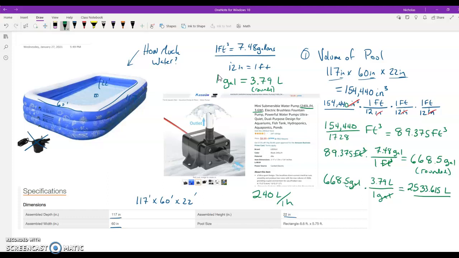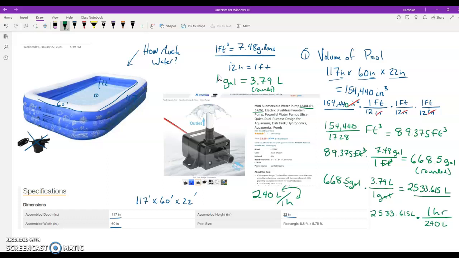So I think we're almost done, but we have 2,533.615 liters. And I know my pump pumps at 240 liters per 1 hour. Now, one thing I want to do here, though, is I actually want to flip that fraction, right? I want to put the liters on the bottom because I want a unit of time on top.